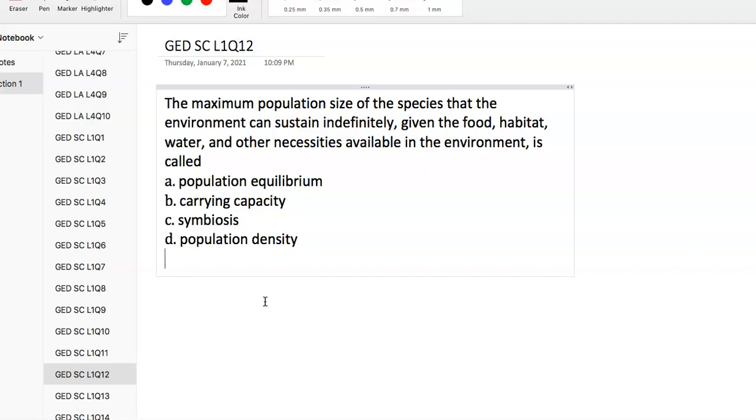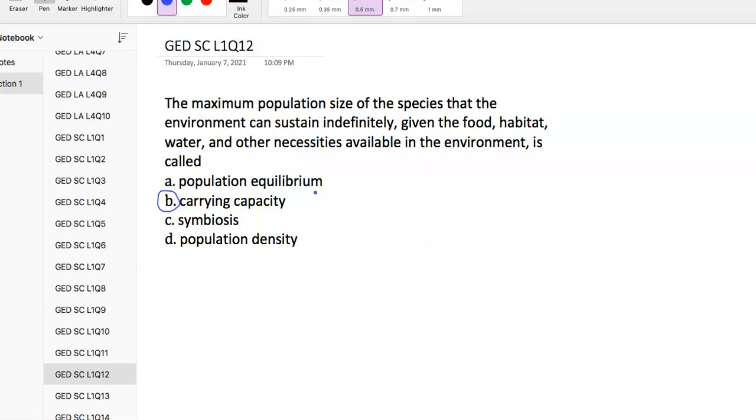The maximum population size of the species that the environment can sustain indefinitely, given the food, habitat, water, and other necessities available in the environment, is called carrying capacity. Okay, so let's go over that.